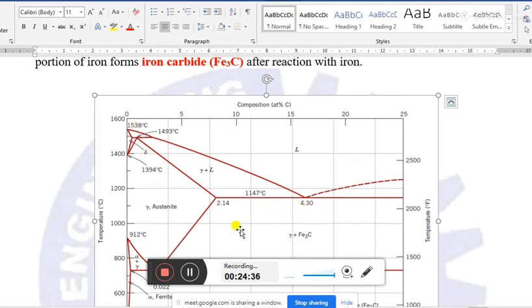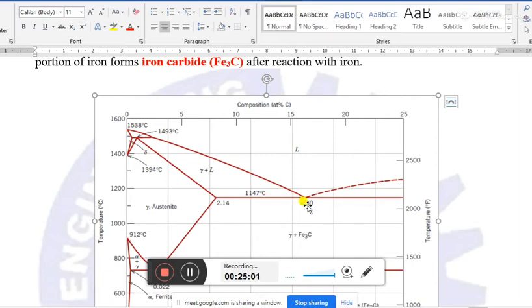But when carbon is there, or a carbon mixture is there, the melting temperature will decrease, and at this 4.3 weight percentage of carbon, the melting temperature is lowest, and that temperature is 1147 degrees Celsius.